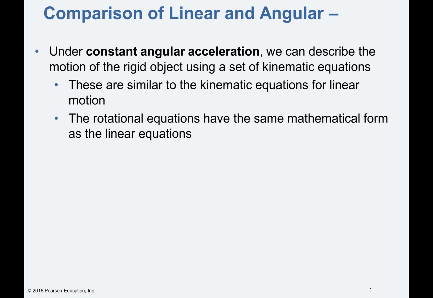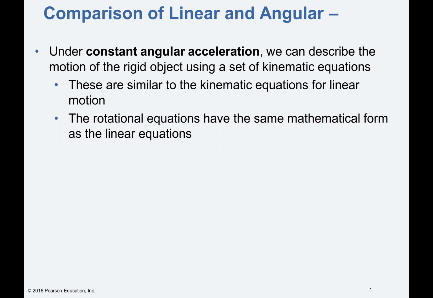For the uniform case, I gave you the equations a few slides ago, for linear and for angular motion. But a little more interesting and more realistic was non-uniform motion, where objects speed up and slow down and change direction and all those things.